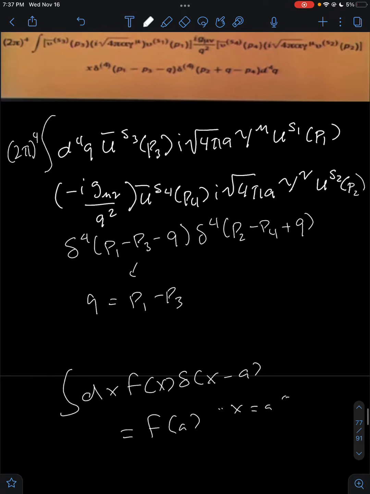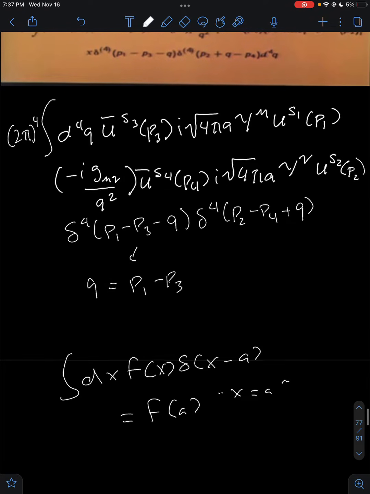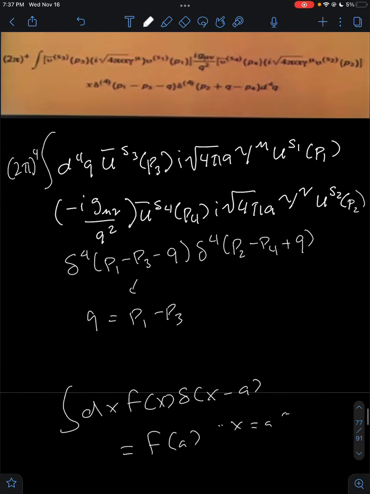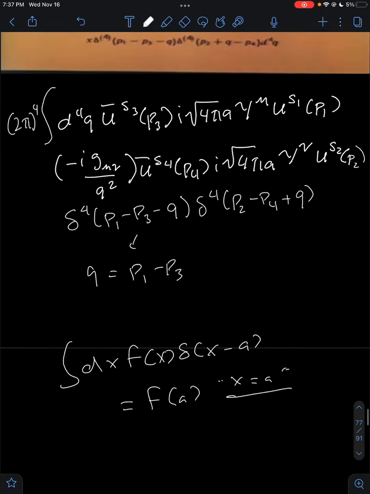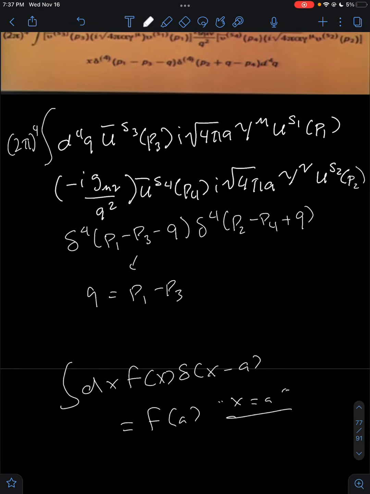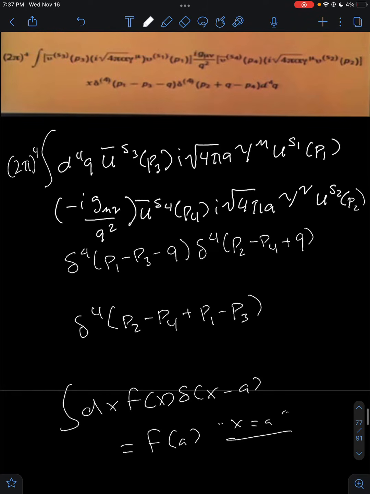And here the P1 minus P3 is functioning like that a. So q would have to be equal to P1 minus P3, just like how this x would have to be equal to a. So that means that our delta function would then just become P2 minus P4 plus P1 minus P3, since q is P1 minus P3.